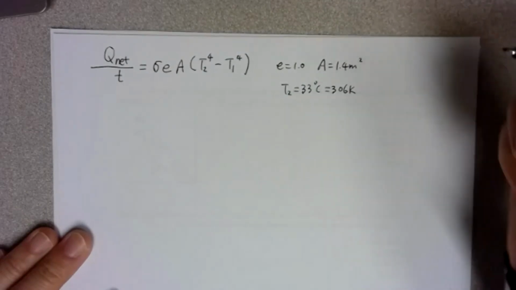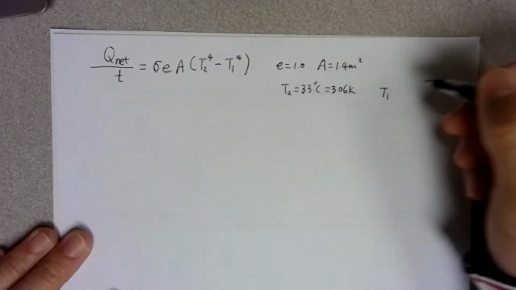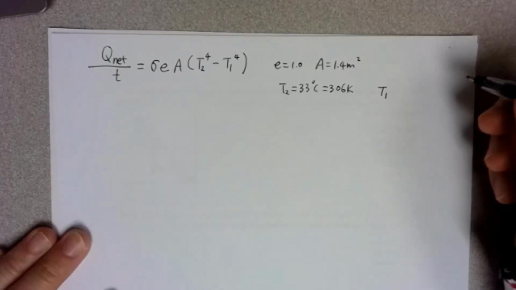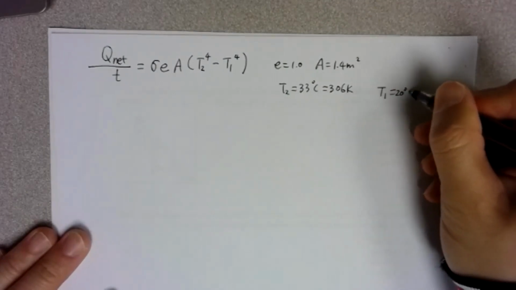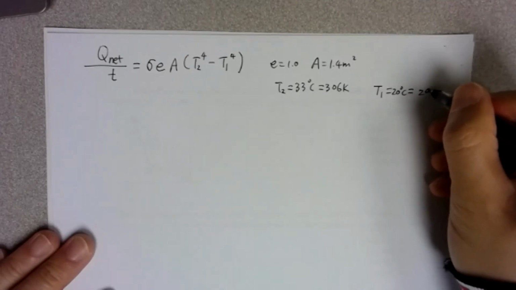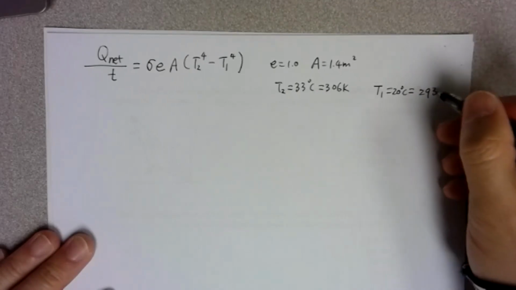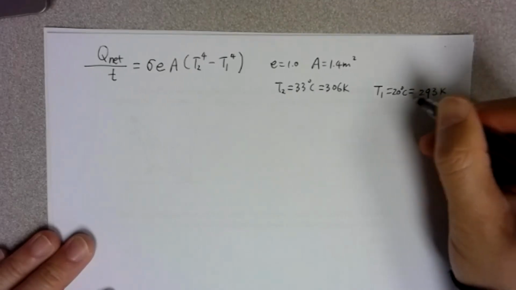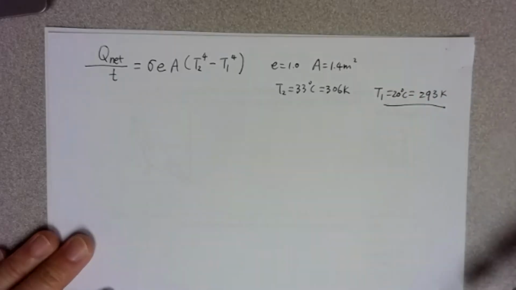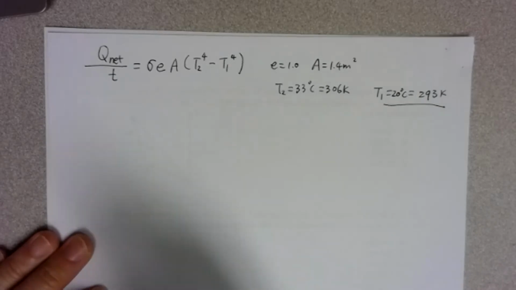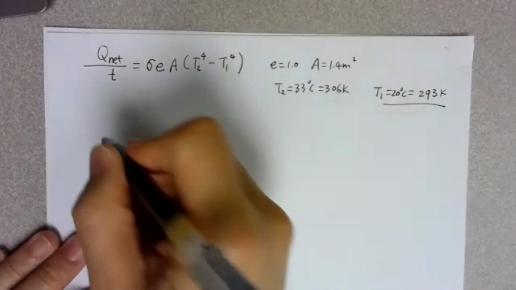306.15 basically. But the surrounding T1 is 20 degrees, which you can calculate to be 293.15 Kelvin. So we need the temperatures in Kelvin here. Then basically you take in the numbers and calculate.